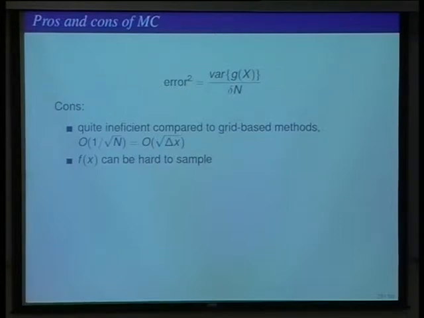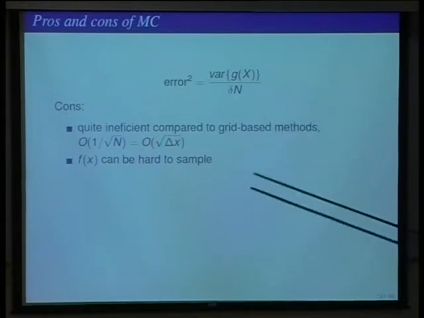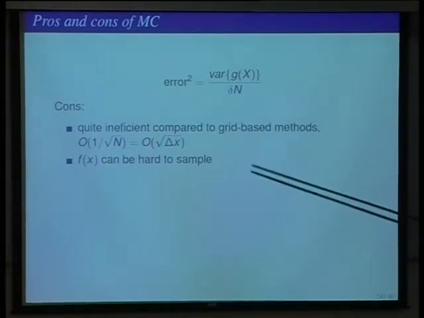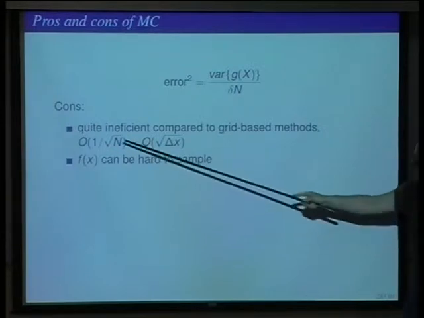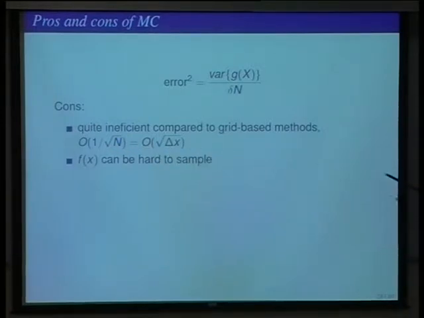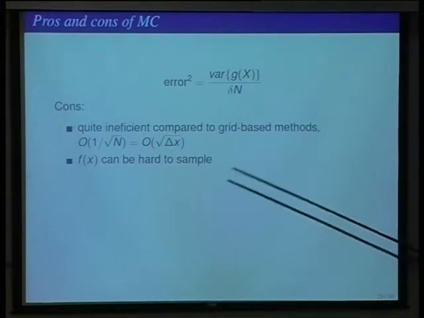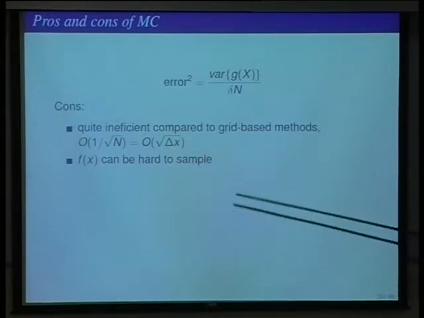Okay, so pros and cons of Monte Carlo. Cons, it's really inefficient. It looks like order 1 over root n. If we relate that, so if this is an integration method, if we relate that to a grid-based integration method, that's order root delta squared.